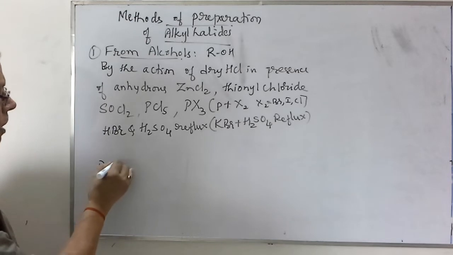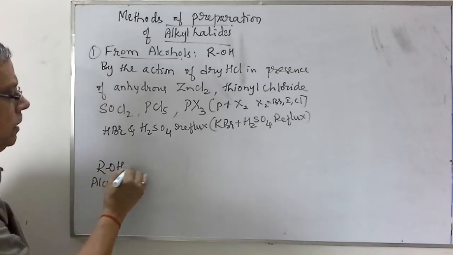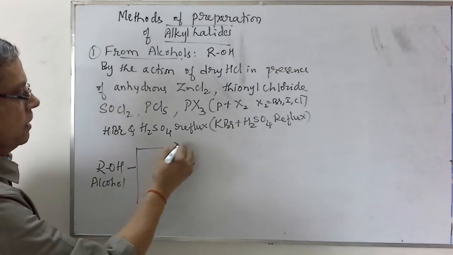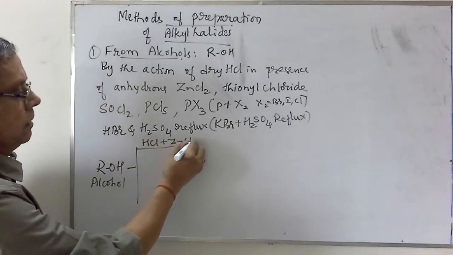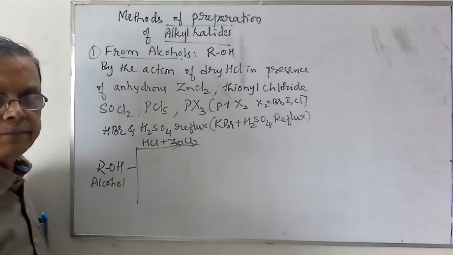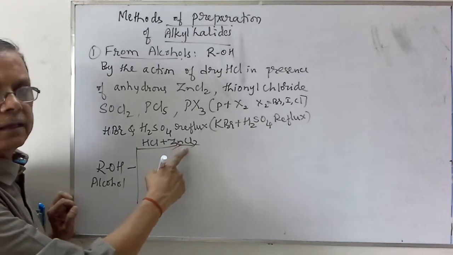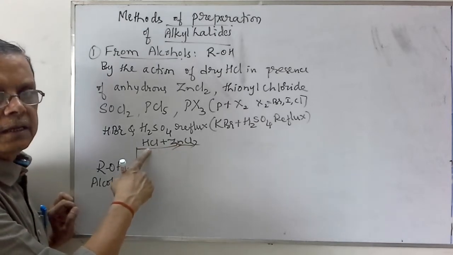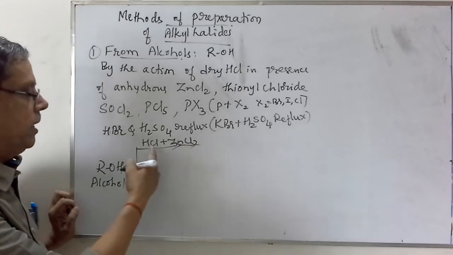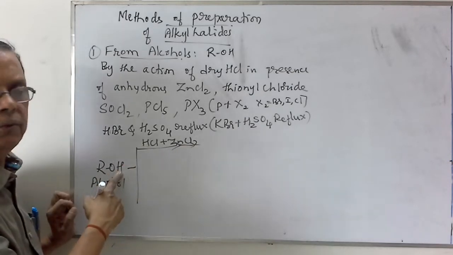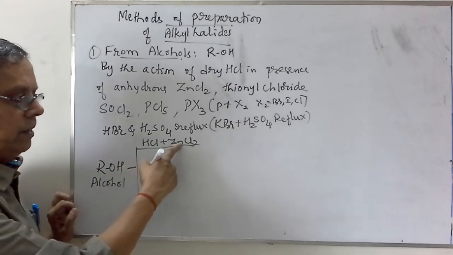This is the alcohol, ROH. The first method is by treating with HCl in presence of anhydrous zinc chloride. Remember, in case of this zinc chloride and HCl, zinc chloride acts as a dehydrating agent. It will eliminate a molecule of water between this H and OH. But primary and secondary alcohols require this one.